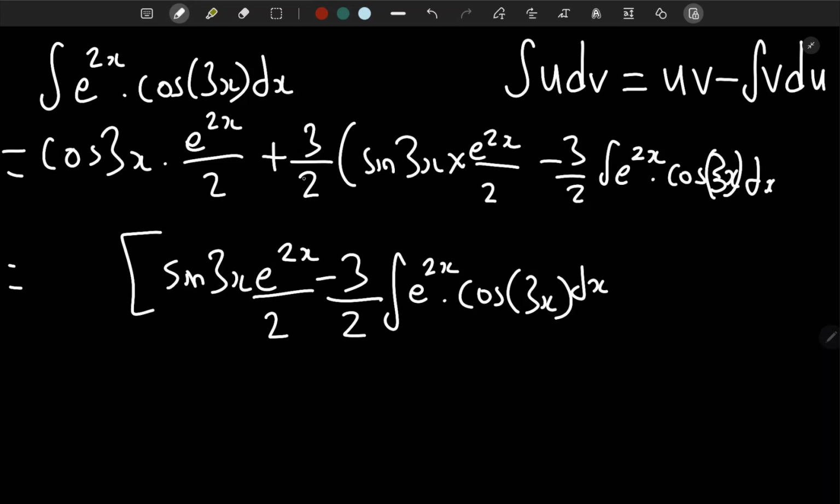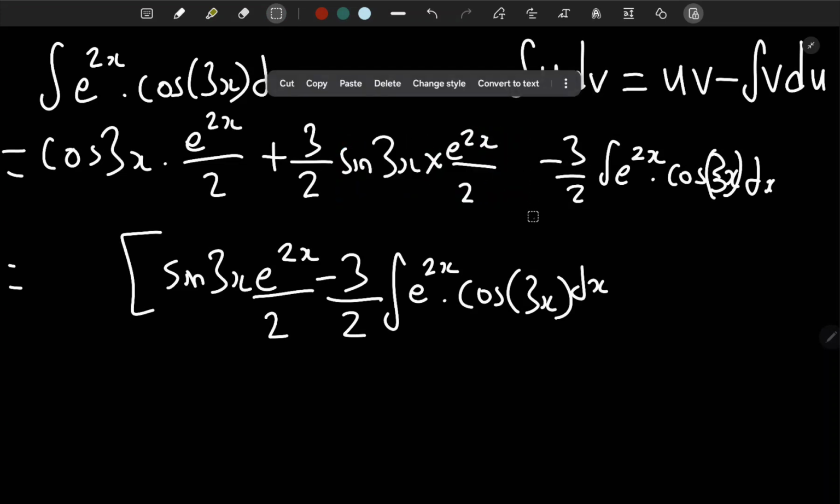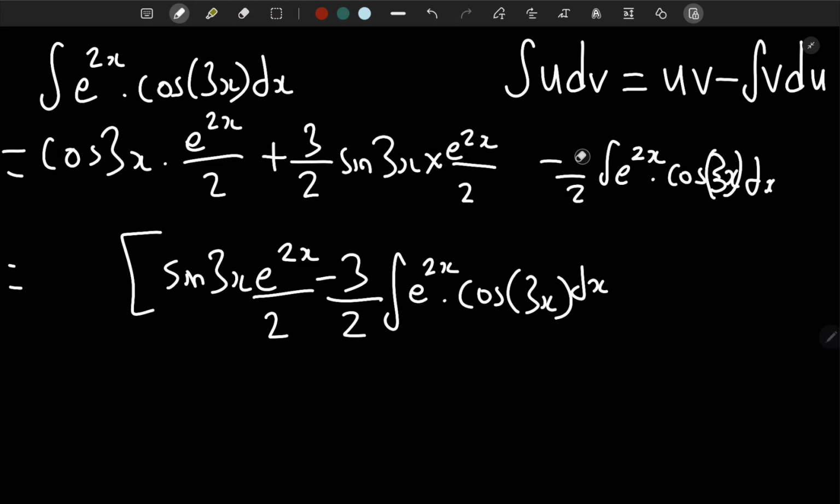Now let's distribute the 3 over 2. So this part will become just 3 over 2, right? And for the next part, this is going to be multiplied by 3 over 2, so this will become 9 over 4. I hope that's clear.